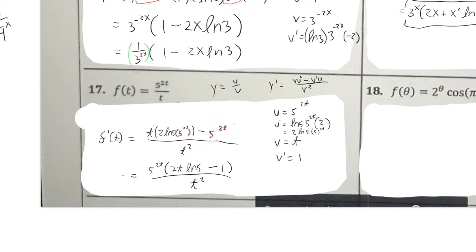Now, it's also the case that 5 to the 2t, if you were to investigate that a little further, is actually 5 squared raised to the t, aka 25 raised to the t. So just be on the lookout for that as well. The reality is that this is 25 raised to the t. So just recognize that the final answer could be written that way as well. If I was the teacher, I would be fine with this as the final answer.